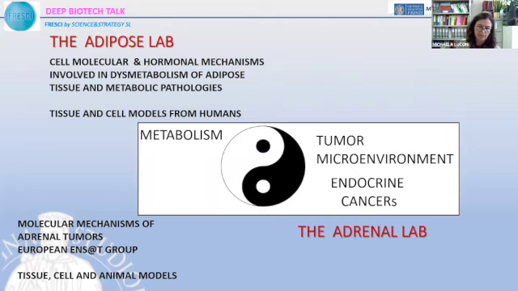The different adipose pads in the organism can secrete different hormones and regulate at a distance the development of the tumor, since the adipose tissue is one of the main endocrine organs in the organism. So they are linked by the effect that the adipose tissue can have on the cancer.